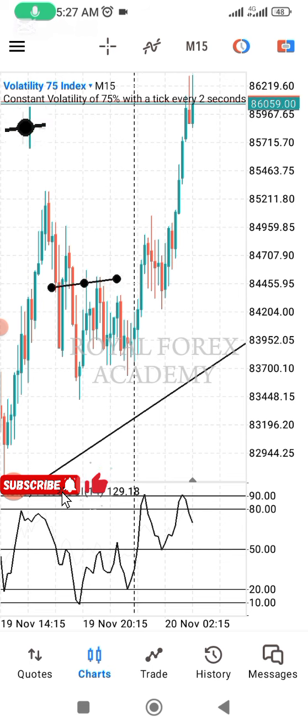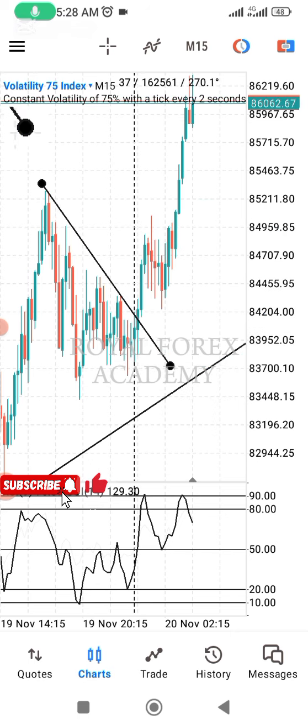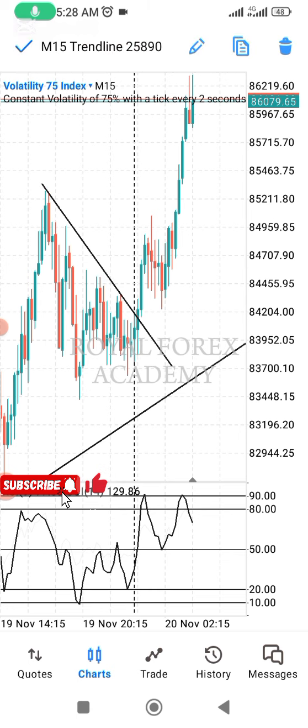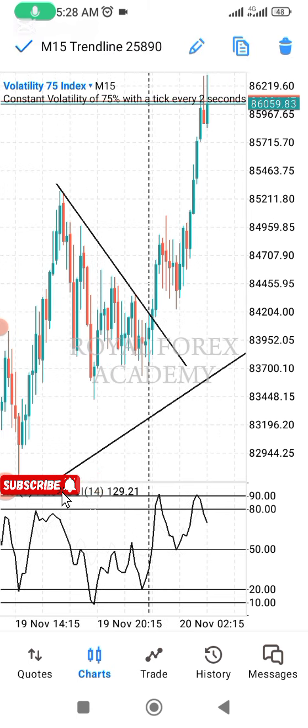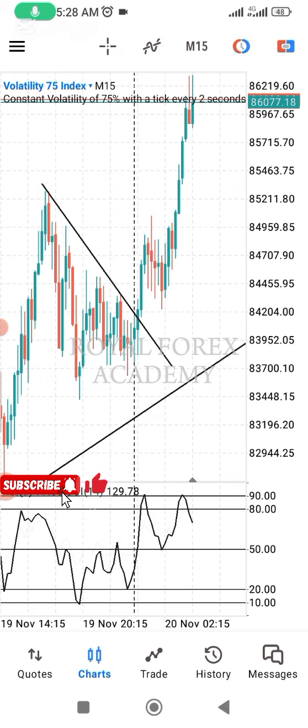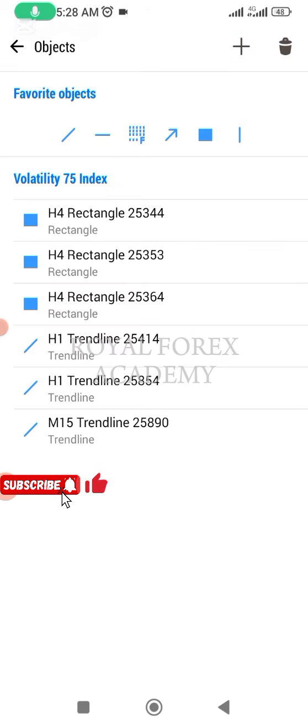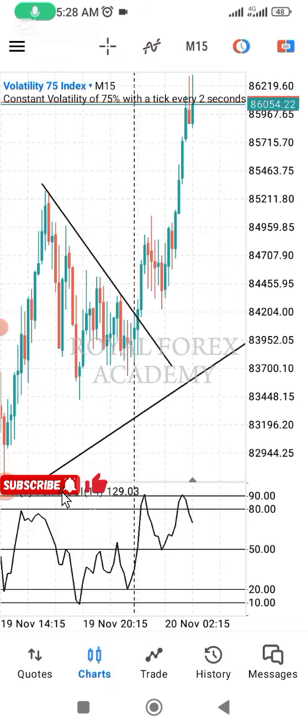But I'll first of all wait for my price action. So as price is pulling back toward this zone, I'll pick up my trend lines such as this and mark out this point. Remember, we've talked about our bullish flag pattern in our previous video. So this is a flag pattern. So I'll mark out this point because I know what I want to trade now.